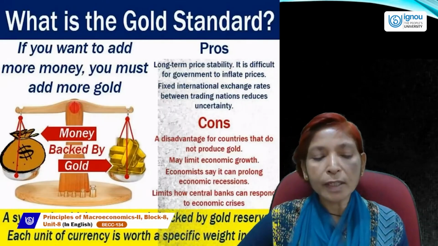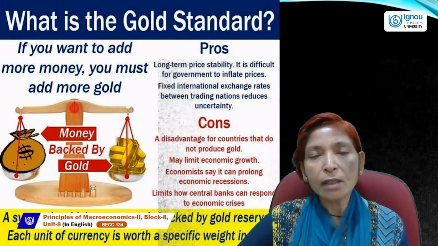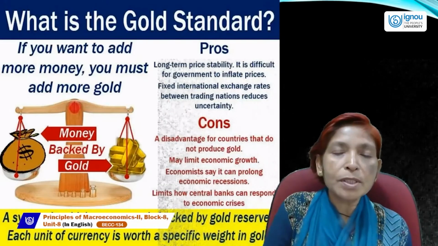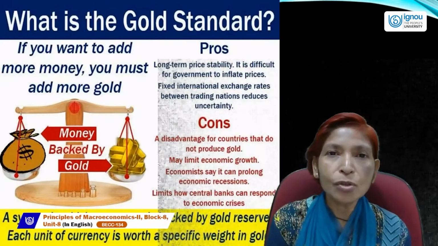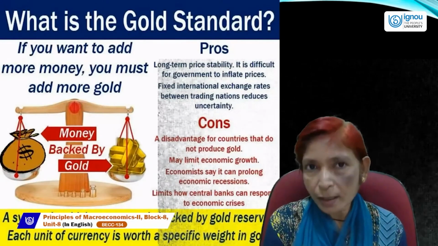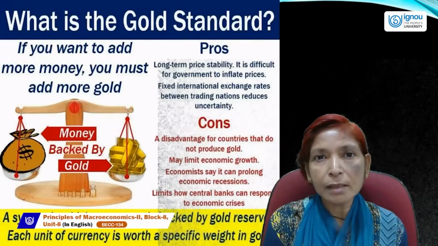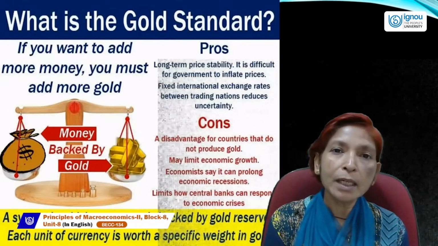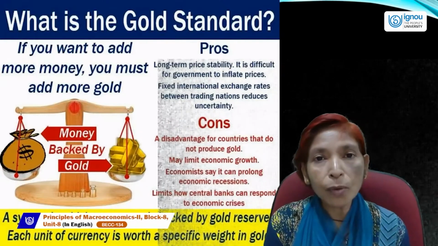Each unit of currency is worth a specific weight in gold. That was the system which existed from 1946 to 1971, but at present it does not exist. It existed only during the period of 46 to 71, but you must know about this.